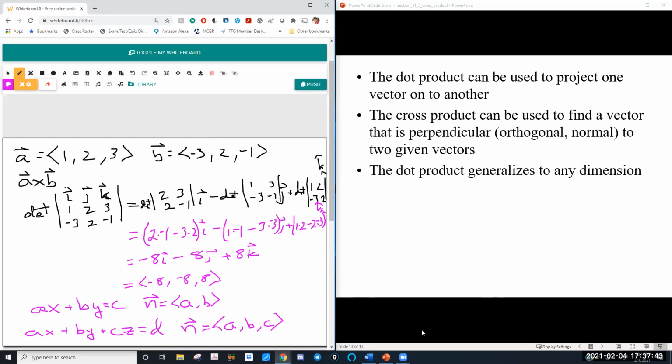Now here's something else that we talked about with the dot product. The dot product generalizes to any dimension. We can do the dot product with a 2D vector up to an n-dimensional vector. The cross product only exists in 3-space. So we can only do the cross product with vectors that have 3 components.